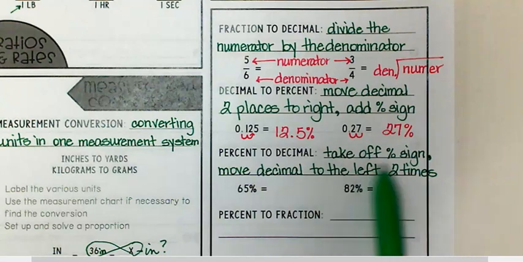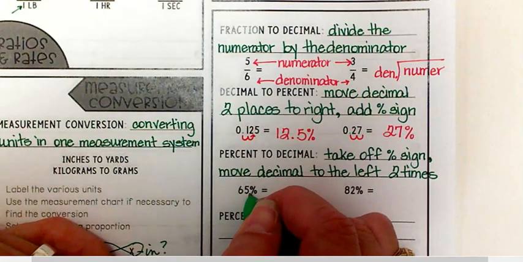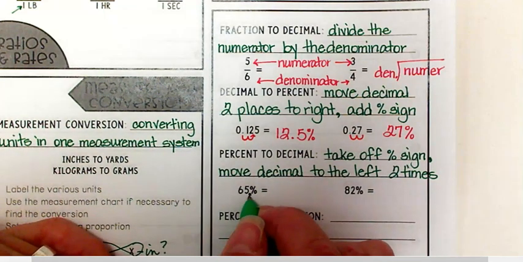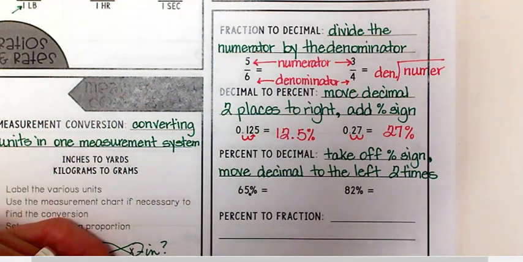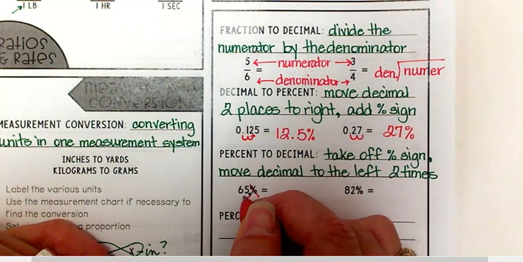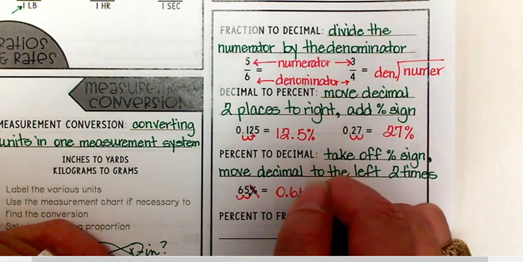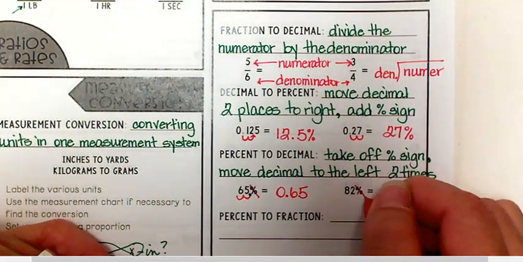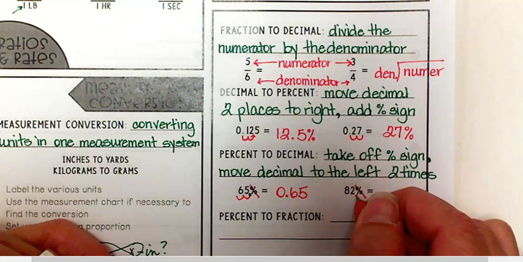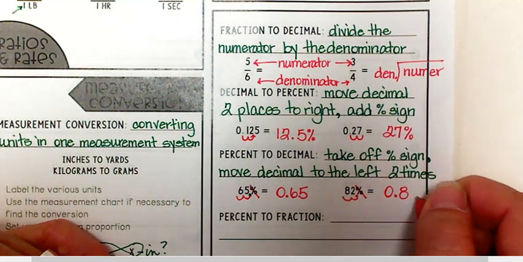If there's no decimal written, then it is to the right of the last digit. So I'm going to take off the percent sign, get rid of it, take my decimal and move it 2 times, and this is going to be 0.65. Over here, take off the percent sign, move the decimal twice, and that becomes 0.82.